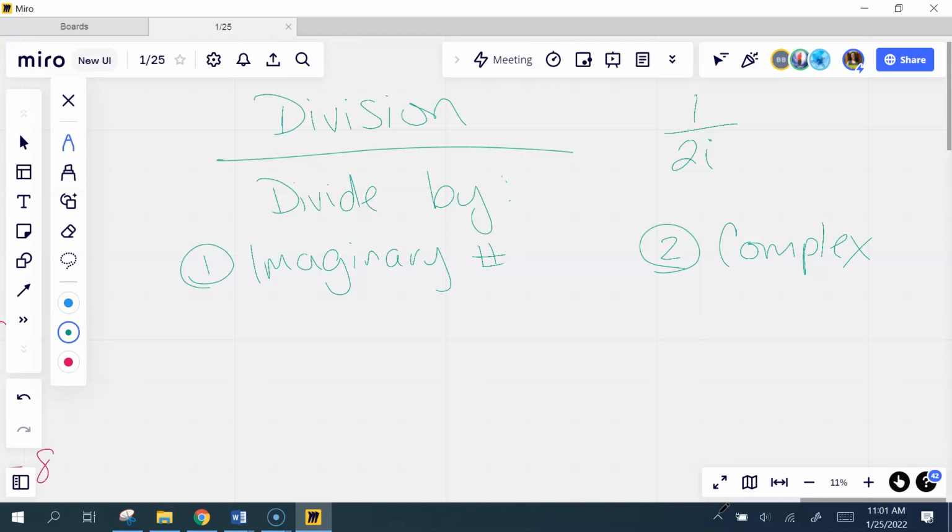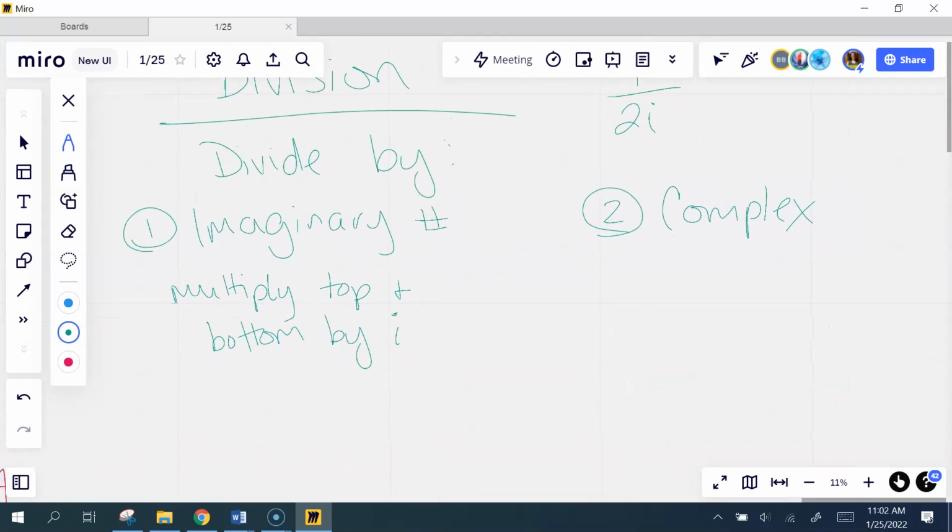Multiply by that radical top and bottom, right? So if I'm dividing by an imaginary number, all I'm going to do is multiply the top and bottom by i. That's it. Because that's my radical. That's where my problem is coming.